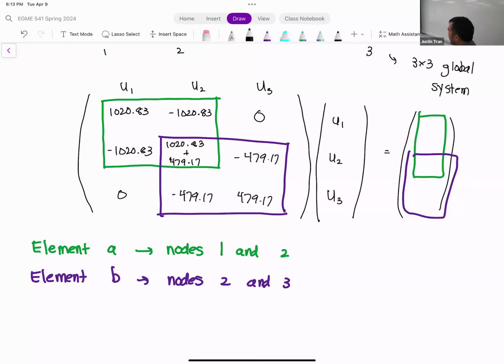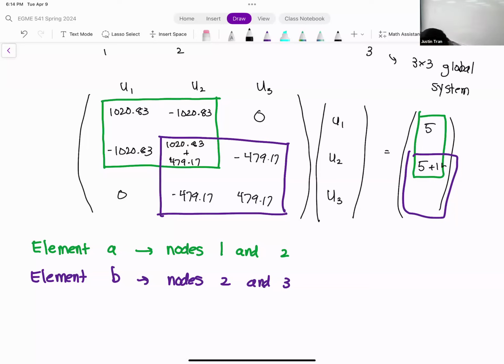Next, we have the element forcing vectors. And so the element forcing vector for element A is a 5 and a 5. And then the element forcing vector for element B is a 15, 15 and 5.